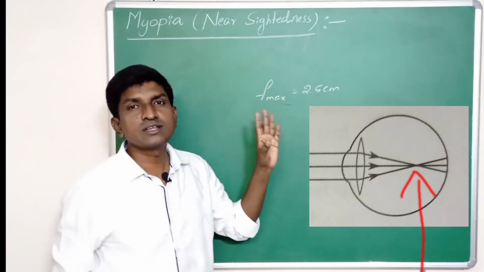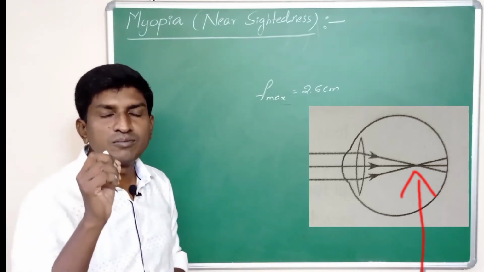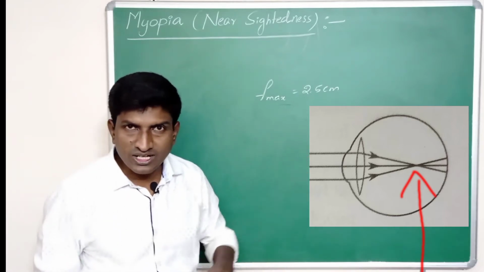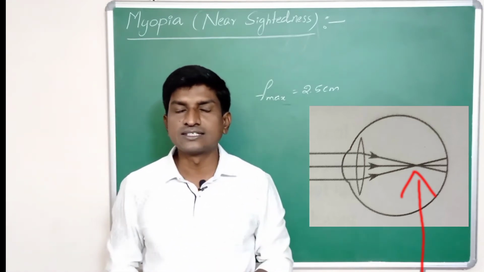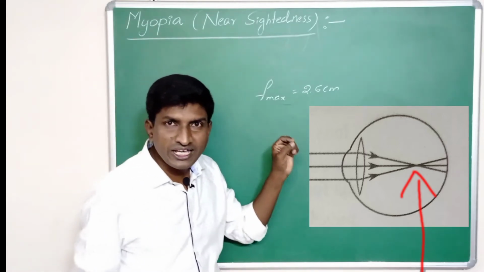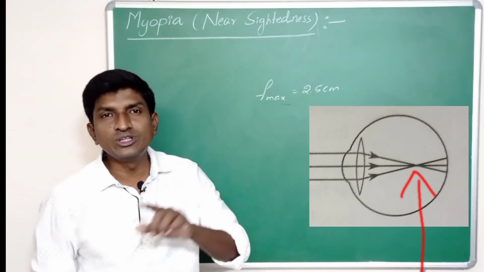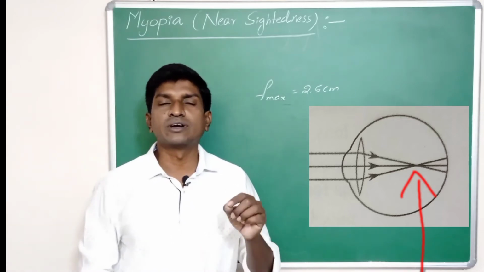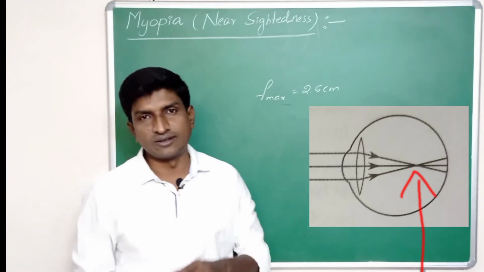If he observes a distant object, the light rays from that object are refracted by the eye lens and form images just before the retina. So he can't see the object clearly. The image of that object appears blurred.